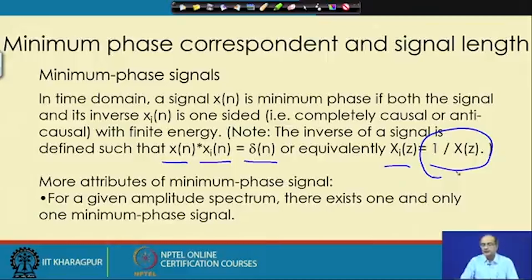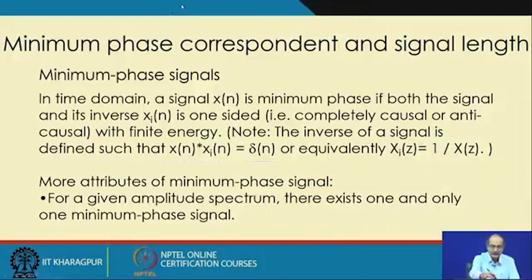So in that case what will happen? If we have some poles inside, they will go outside, and if the zeros were also inside, they will also go outside, because we are taking the inverse. There are, however, more attributes of this minimum phase signal; it has a lot of qualities.